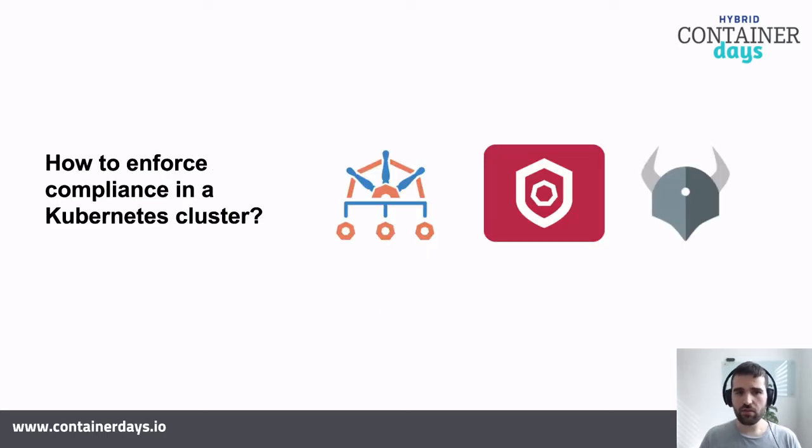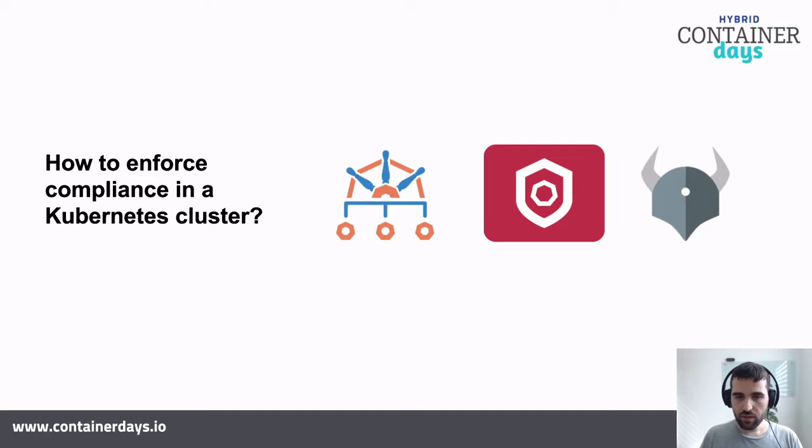But how can I enforce compliance in a Kubernetes cluster? Well, if you are already using the deprecated PSPs, you are kind of using compliance, because you can block privileged containers and sharing host namespaces, this kind of thing.